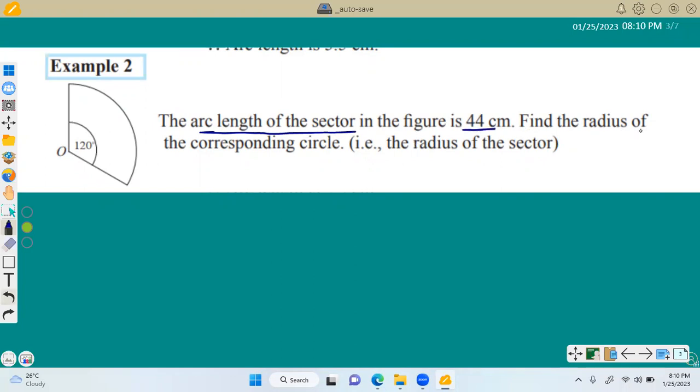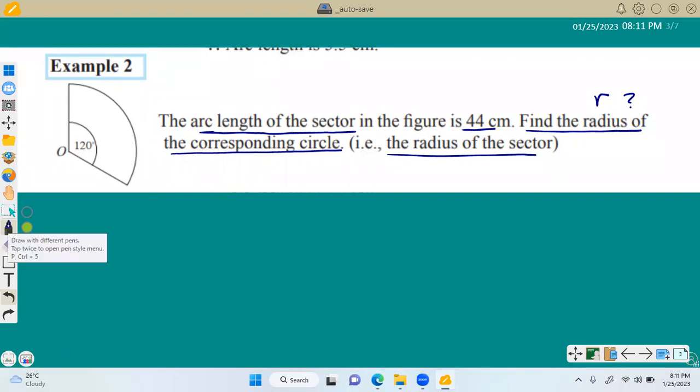You have to find the radius of the corresponding circle. That means the radius of the sector. Corresponding circle means the circle which is below this particular sector. We have to find the radius of the circle from which this sector is taken. Right. Let's see how we do this one.